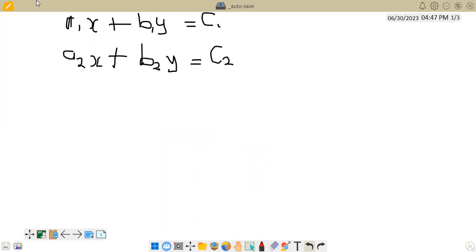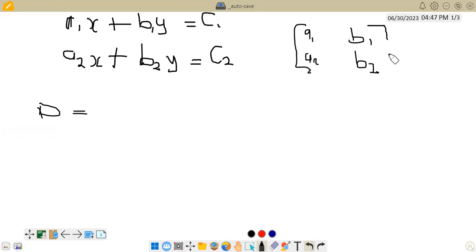Okay. So we want to find x. If we want to find the D, we said it is a determinant. We have a1, b1, then a2, then b2.